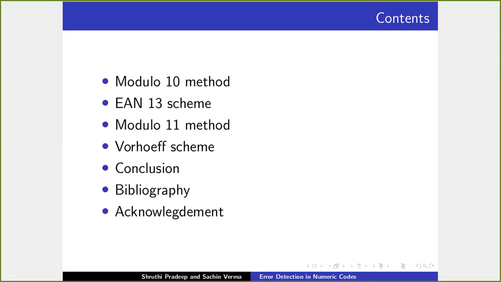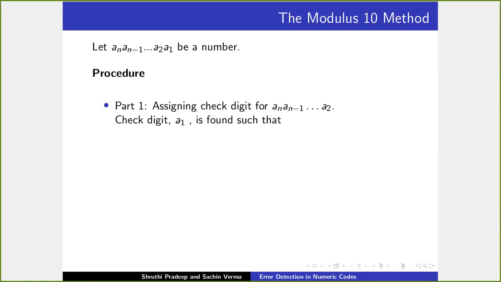In the first method, modulo 10, if we have a number, we add all the digits and then take mod 10. To verify that the number is correct, the condition is that we must get 0 at the end.